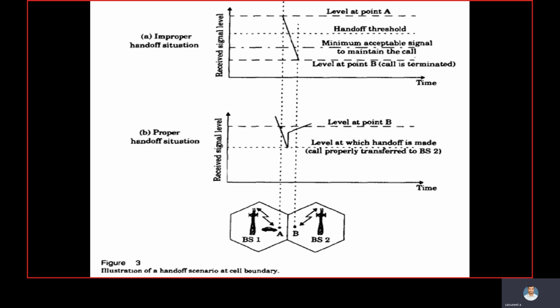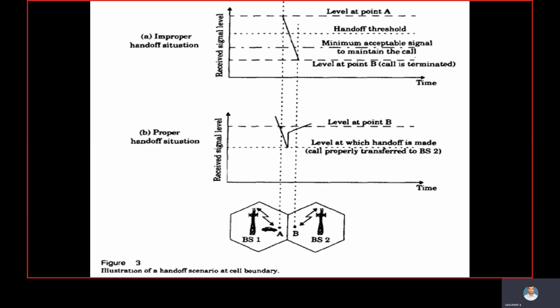Similarly, here we have to fix one threshold value. Suppose the handoff threshold value is minus 100 dBm, as already discussed in previous slides. Whenever the mobile reaches the handoff threshold signal strength point, handoff is not initialized.